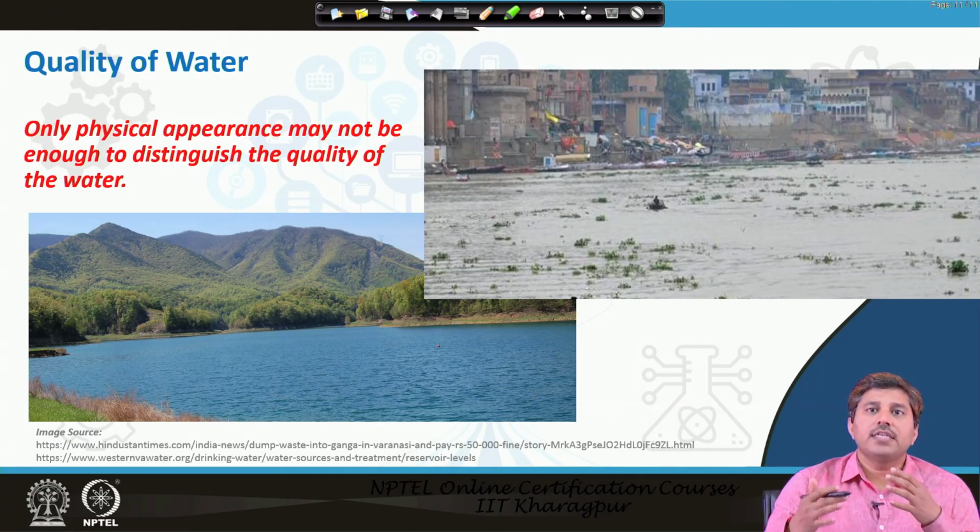So contaminants which do not change any physical attribute of the water are hard to detect just by physical appearance, because nothing in the water changes that can be physically detected.